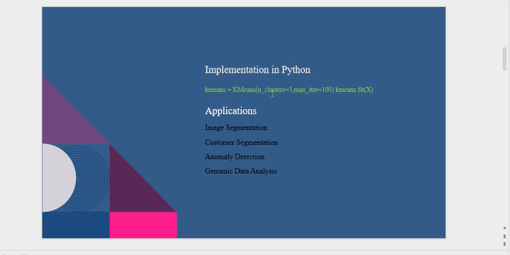In k-means, we give the number of clusters, that is the k value here, and how many iterations it should run. And there is a fit method, to train the model. This creates the model in Python. We use k-means in image segmentation, customer segmentation, anomaly and defect detection, and genomic data analysis.